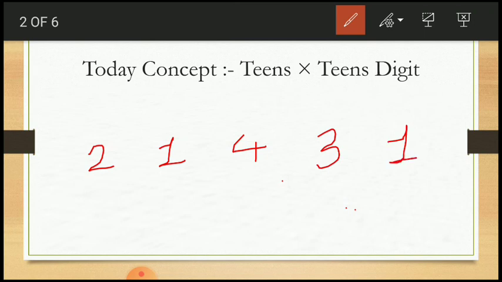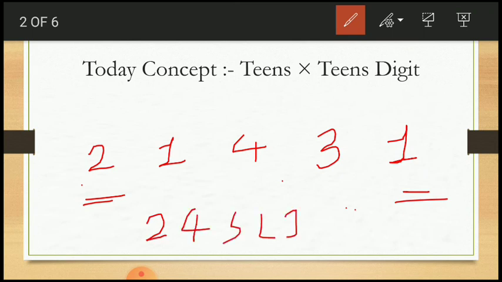In our answer, the first digit and the last digit of the question are the same: the first digit 2 and the last digit 1. So our answer looks like 2 _ _ _ _ 1, and we copy the first and last digits as they are.